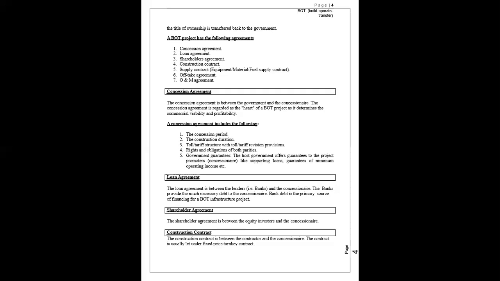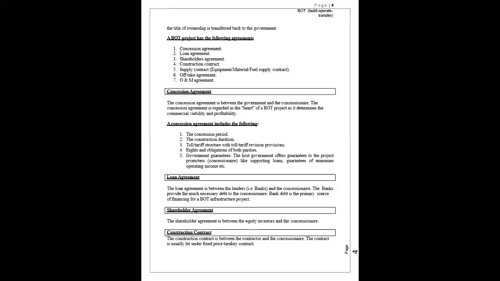Okay, in the concession agreement, what is included? In general, first the concession period is included. That concession period may be 5 years, 10 years, 20 years, whatever it may be. Then the construction duration.